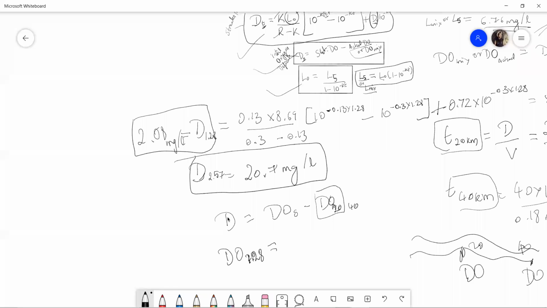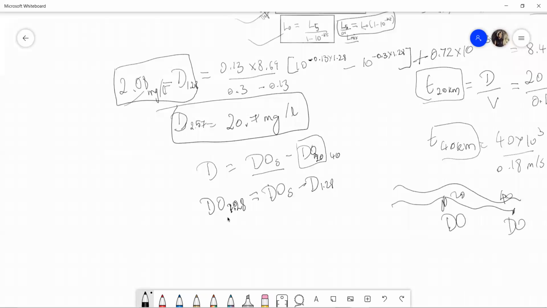That is equal to saturation DO minus oxygen deficit. Oxygen deficit at 1.28 days is 2.08.